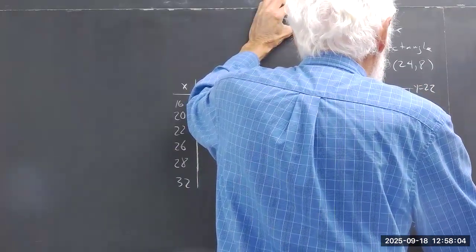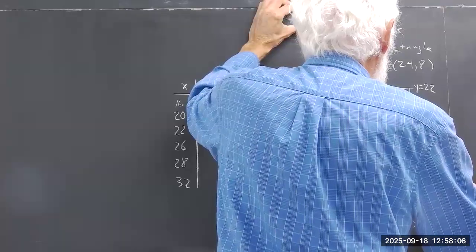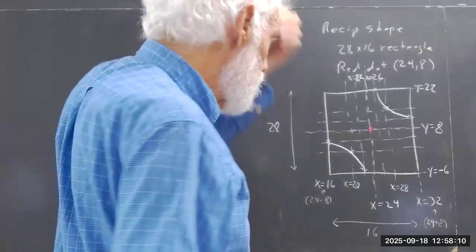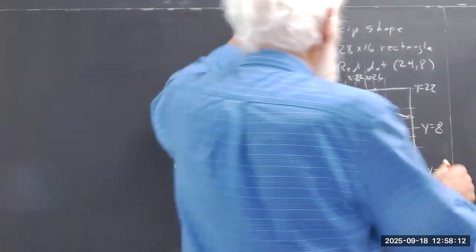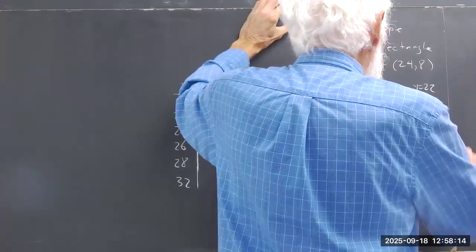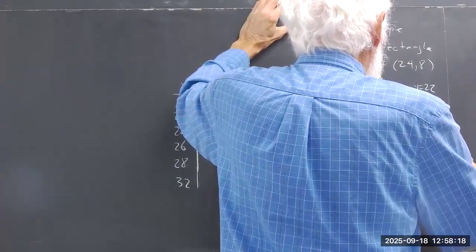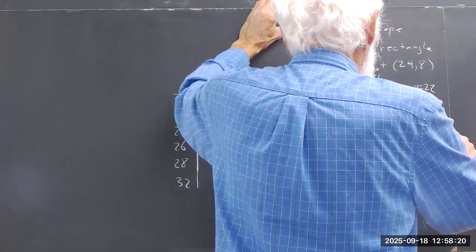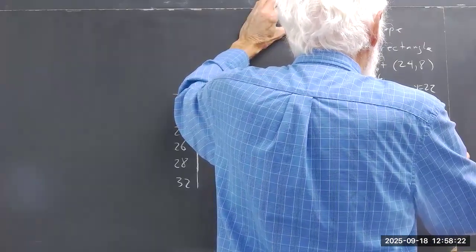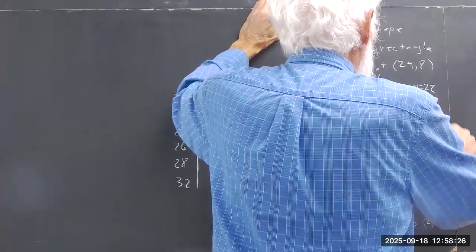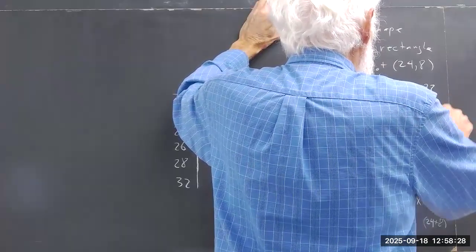We subtract 14 from 8 and we get y equals -6. Then we label the other y coordinates. Halfway between -6 and 8 is y equals 1. And halfway between that and 8 is y equals 4. And here's y equals halfway between 8 and 22 is 15.